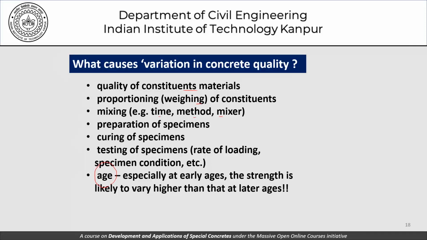The age at which the strength is determined is a major factor as far as concrete strength is concerned. For quality control we use the 28-day age, and of course the strength at 7 days will be very different. There are a host of factors listed here, and several others which cause variations in the strength of concrete, and it turns out to be a normal distribution.